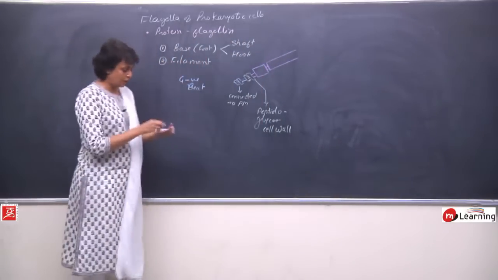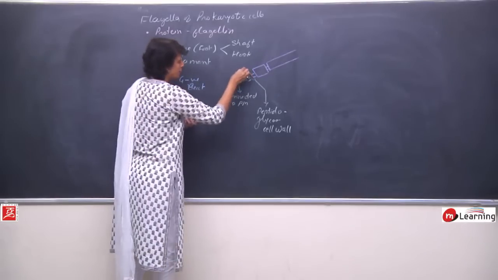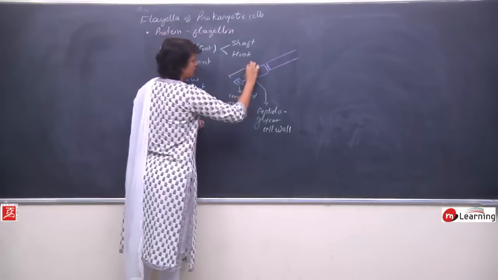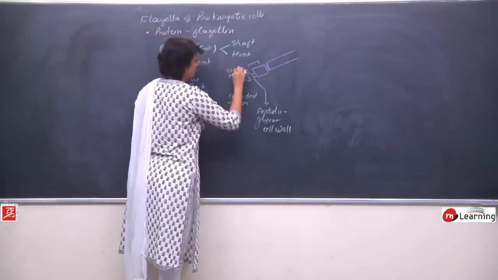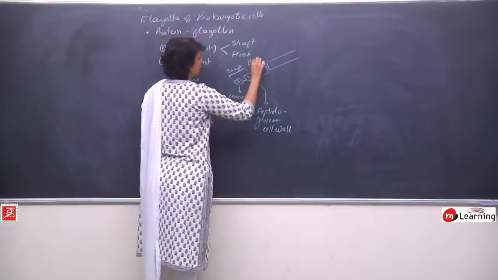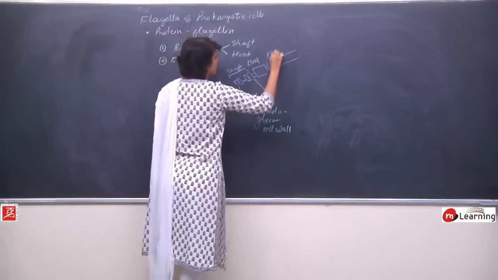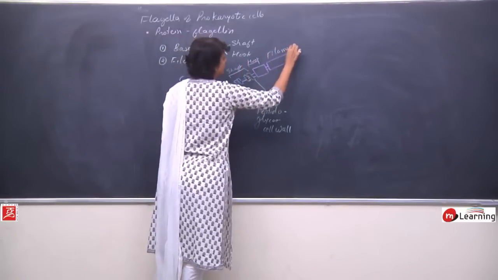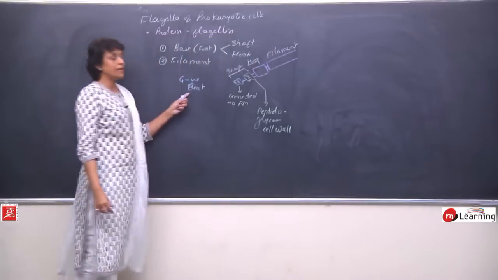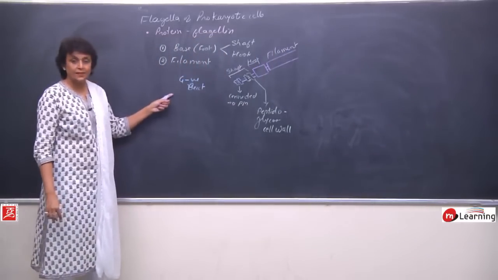So there are three parts which we talk of. This is the shaft, the hook, and this is the filament part. This is seen in case of gram-negative bacteria.